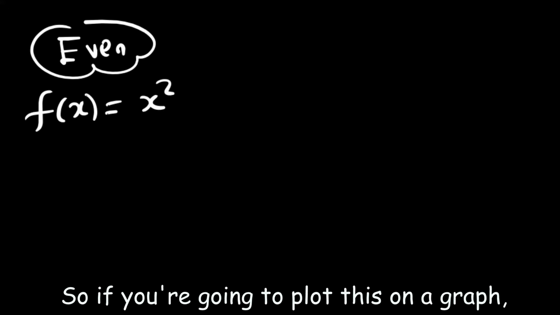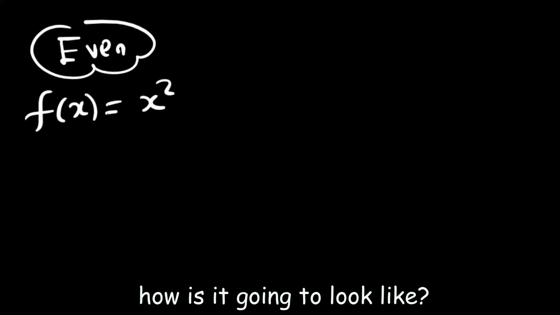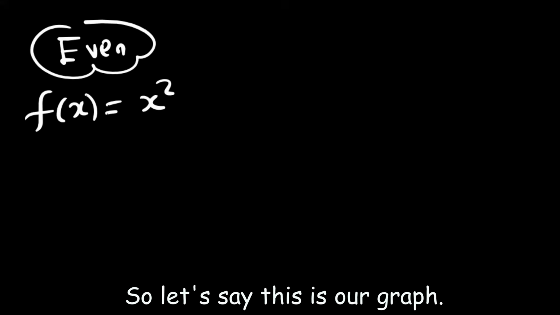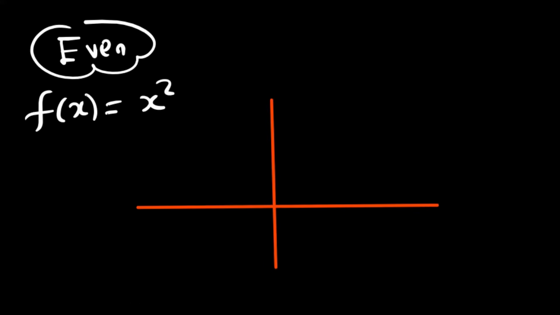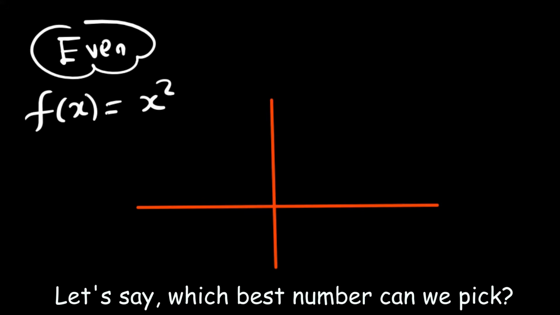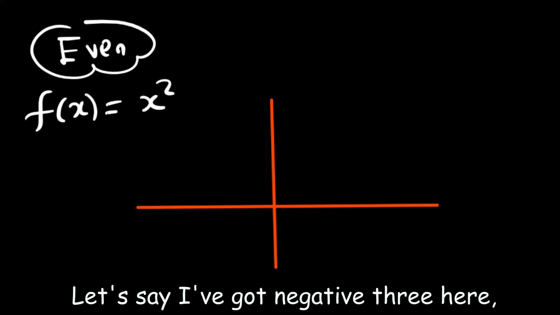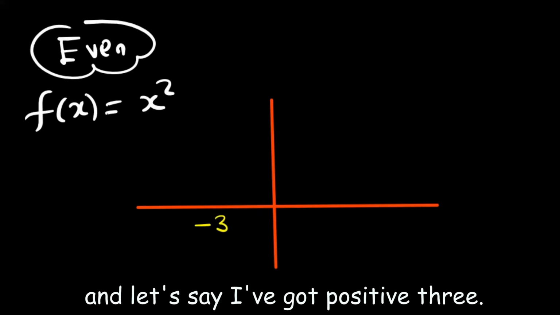So if you're going to plot this on a graph, how is it going to look? Let's say this is our graph like that. Then on our graph, which base number can we pick? Let's say I've got negative 3 here, and let's say I've got positive 3.